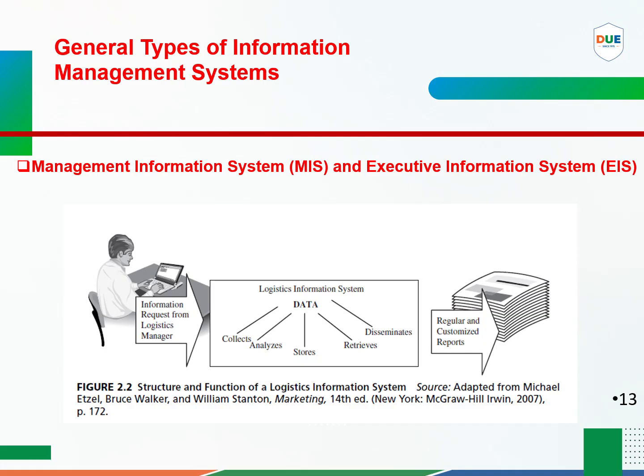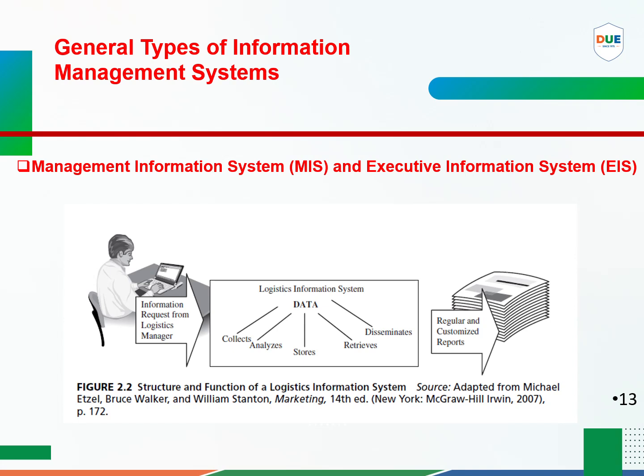For logistics managers, MIS might provide detailed reports on warehouse productivity, carrier performance, or inventory turns by product line. EIS might present a dashboard with overall logistics costs as a percentage of sales, on-time delivery percentages, or average order cycle times. Both levels are important. Managers need detail to diagnose problems, while executives need summaries to set strategy.